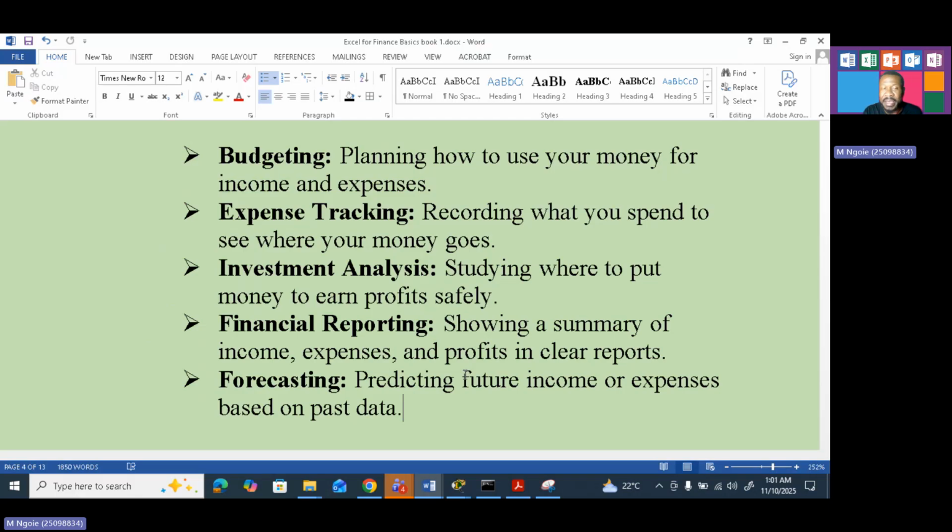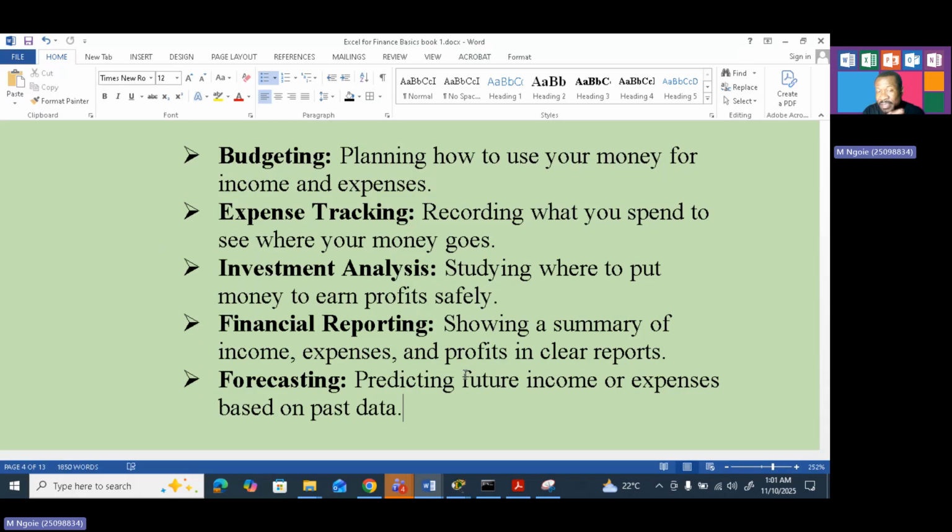This is the meaning of budgeting: planning how to use your money for income and expenses. And number two, we're going to use Excel in finance for tracking our expenses, recording what you spend to see where your money goes, right? So Excel will allow you to track your expenses, and to do budgeting, planning how to use the money that comes in and how to spend it.